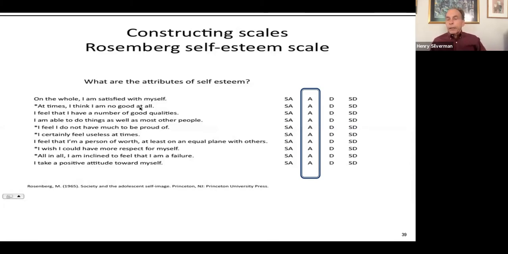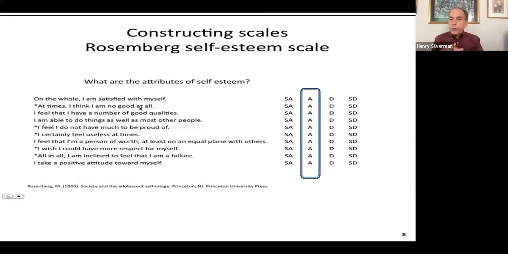And then you may want to have a question, faculty members should be modeling responsible behavior concerning plagiarism. And an attitude that reflects the subjective norm would be agree. So you want to mix it up.